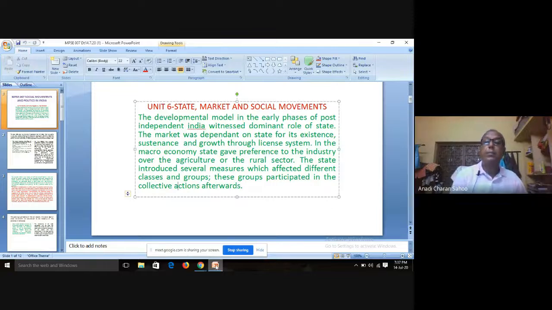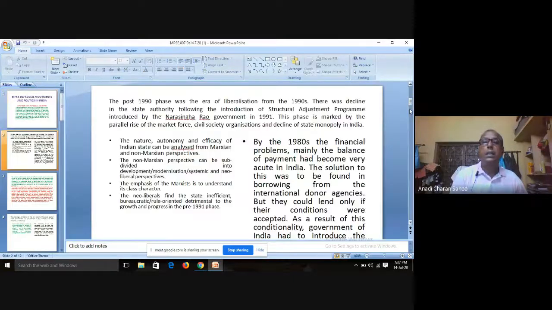At that time, there were two perspectives to analyze the Indian state. Indian state means the nature of Indian state, the autonomy of Indian state, the efficacy of Indian state. The post 1990 phase was the era of liberalization from the 1990s.